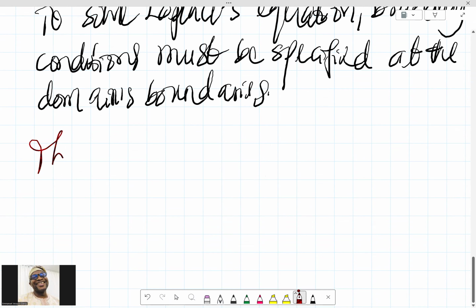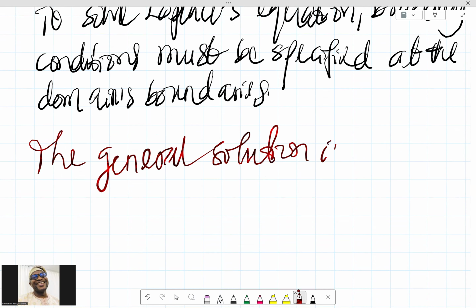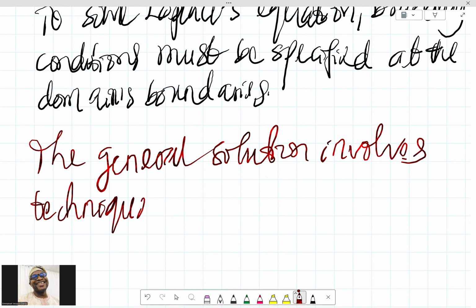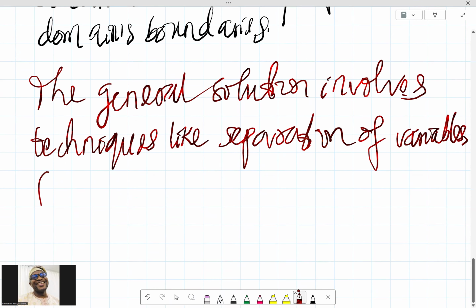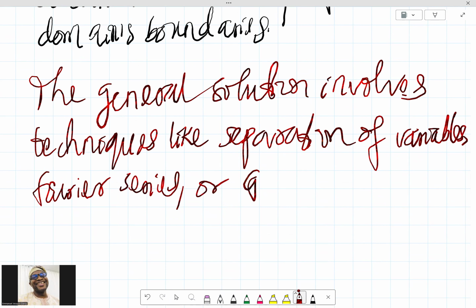The general solution involves techniques like separation of variables, which we have used before, Fourier series, which I also did in the previous video, or Green's function, which has also been used previously, but there's still a video ahead which will be talking about Green's functions.